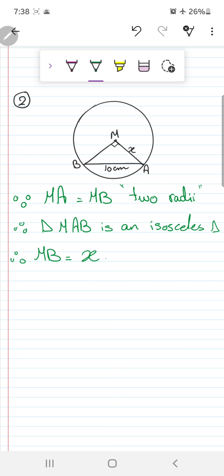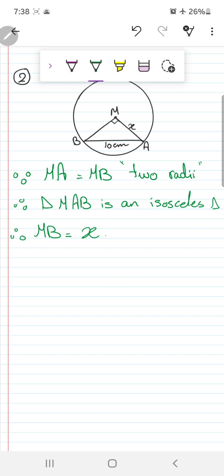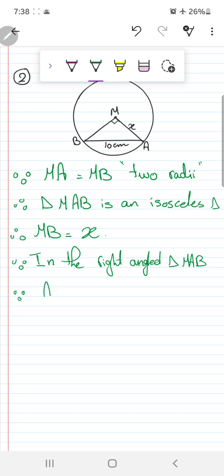Here we have a right angled triangle and we want to get the length of MA. We studied the Pythagoras theorem before. So in the right angled triangle MAB, since AB is the hypotenuse, AB squared equals the sum of the squares of the other two sides.